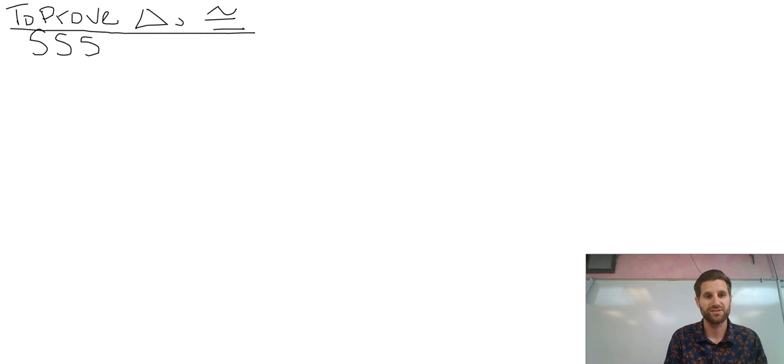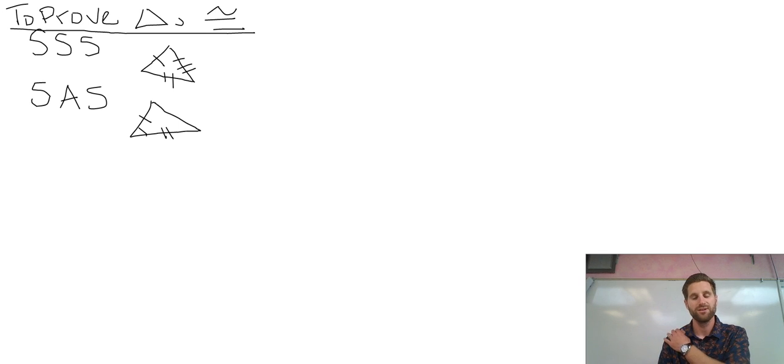So we have side, side, side, and then we had side, angle, side. Okay, and again, the relationship of side, side, side would be boom, boom, boom. And then side, angle, side is going to be with an angle in between the 2 sides, just like that. So we can prove triangles congruent in this method.